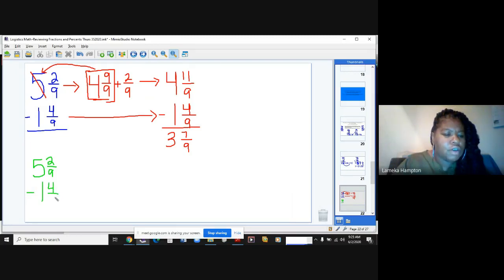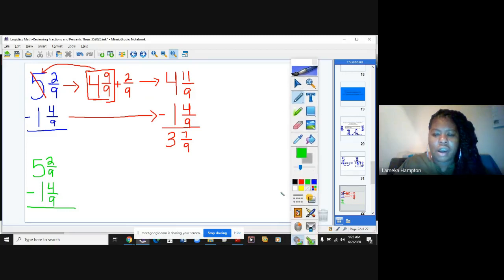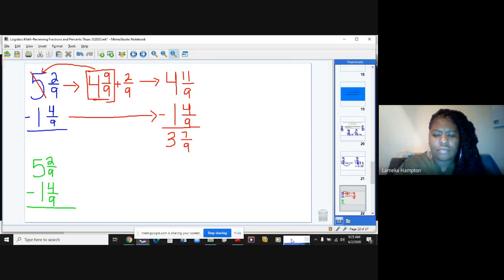Okay. So I am rewriting this because, again, I want to make sure that we understand the rules of how regrouping and borrowing as it relates to subtraction goes. Now, I'm going to change colors again. All right.